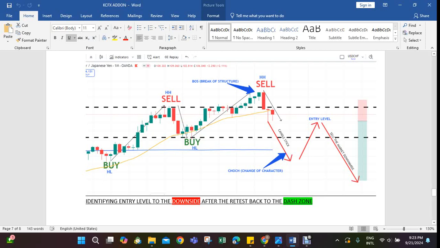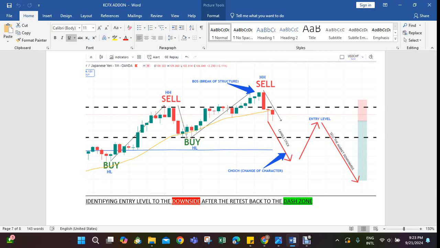We need the market to go back into that entry and give us a formation of candlesticks, 4 hour and 1 hour, showing whether rejection or continuation to the downside. That is for the uptrend.